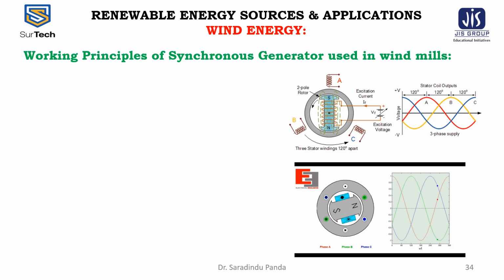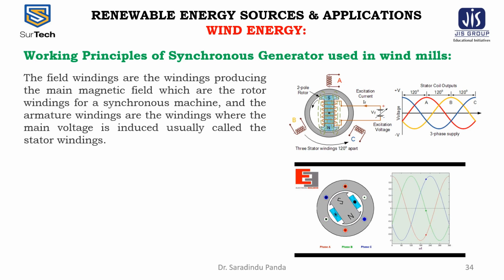The working principle of the synchronous generator used in windmills. The field windings are the windings producing the main magnetic field, which are the rotor windings for a synchronous machine, and the armature windings are the windings where the main voltage is induced, usually called the stator winding.